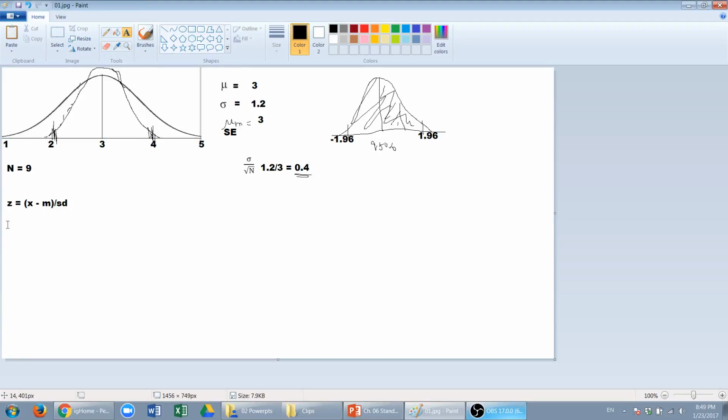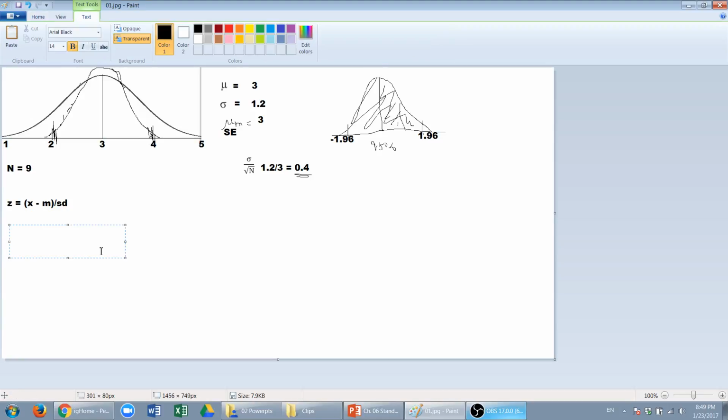So 1.96 equals, we don't know this raw score x, but we know the mean. What is the mean for this distribution? It's 3, so let's write down 3, then divided by the standard deviation of this distribution, which is the standard error we just calculated, 0.4.